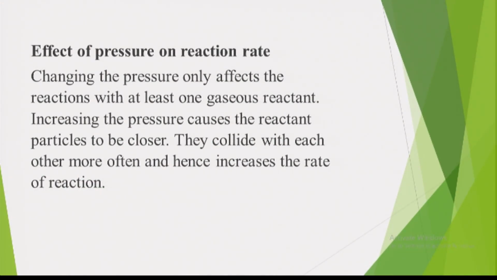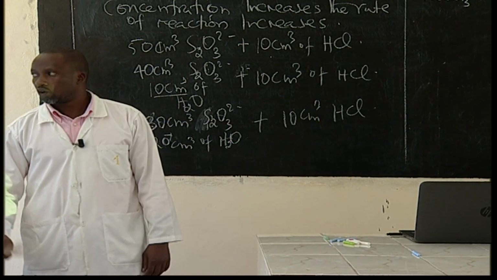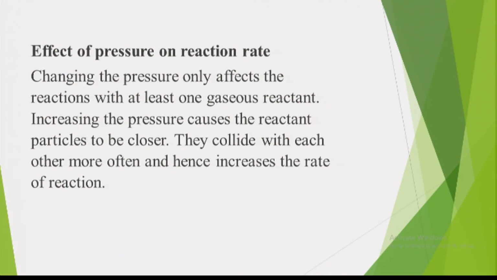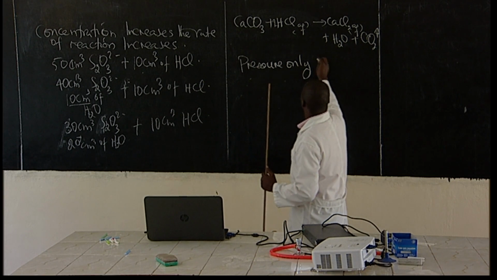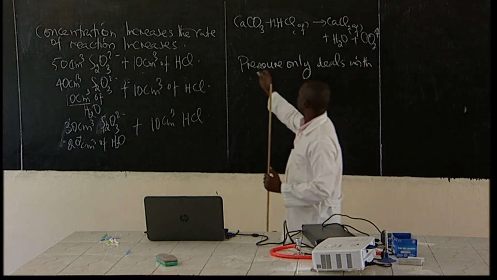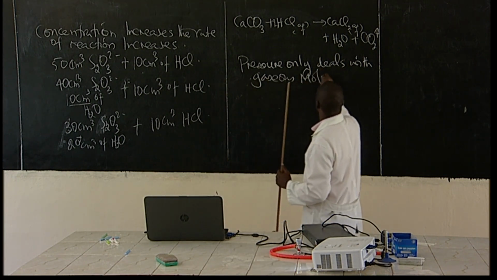We have another factor. You remember we had mentioned some of these factors. Another one is the effect of pressure on the rate of reaction. When we're talking about pressure, it only deals with gaseous molecules.